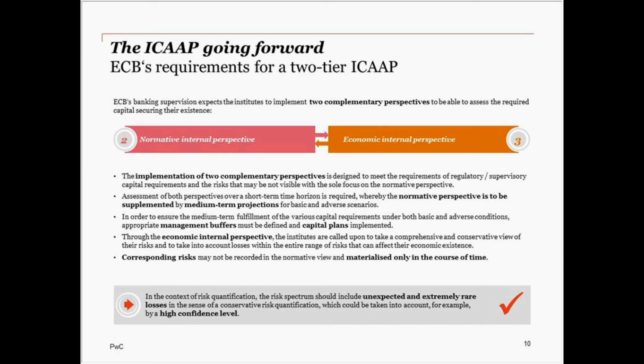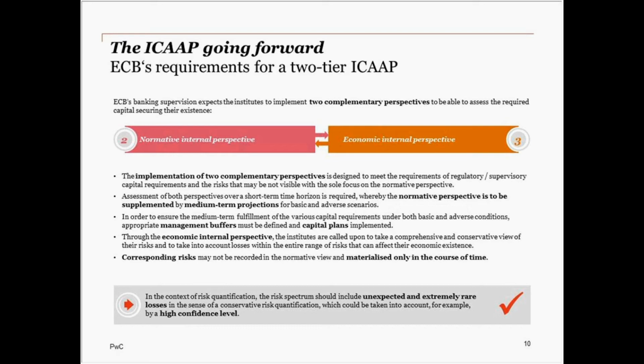What is very important as regards the level of conservatism the ECB expects to apply on the ICAAP is that this should also include unexpected and extremely rare losses.